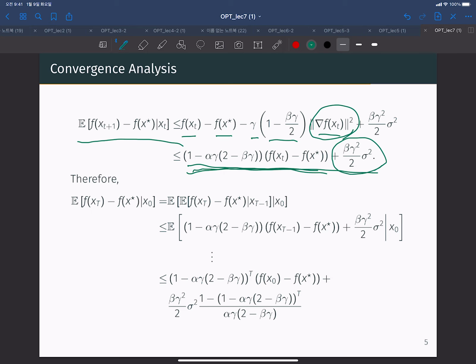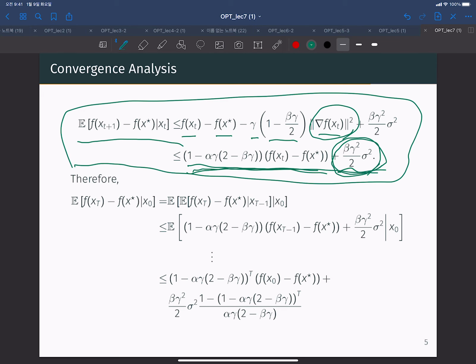Okay, but we have this because of the stochastic gradient property, because of the variance. So from this inequality, we can roughly understand the convergence behavior of your gradient descent algorithm with stochastic gradient.